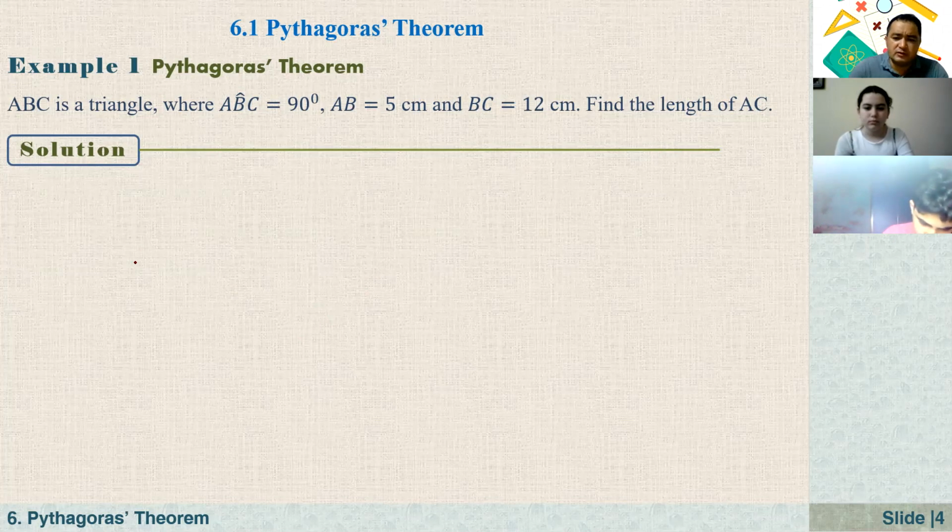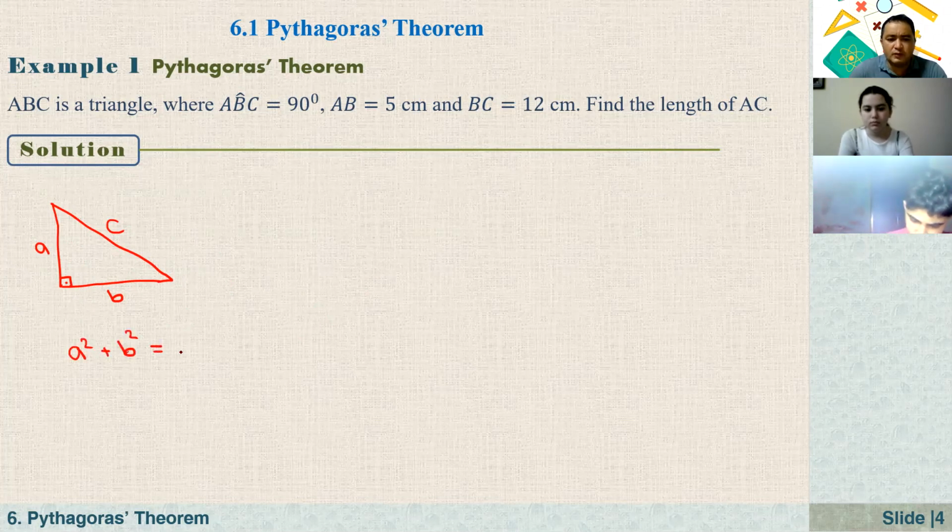Before we continue, Pythagorean theorem says that if we are given any right angle triangle, so that is a right angle, let's say this side is equal to A, the length of this side is B, and the longest side, which is faced by the right angle, is C. And it says that the sum of the squares of the shorter sides, that's A squared plus B squared, is always equal to C squared.